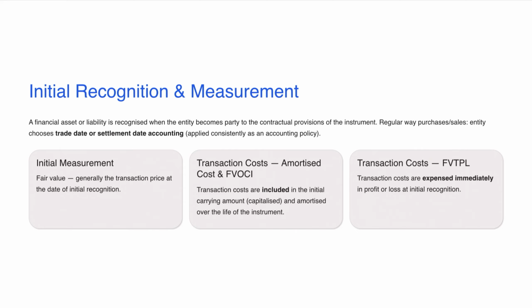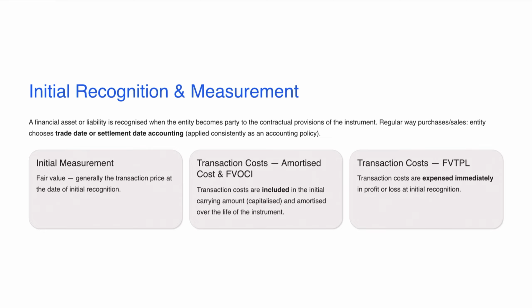Then we consider transaction costs. For instruments measured at amortized cost or FVOCI, directly attributable transaction costs are generally included in the initial carrying amount. They are not immediately expensed. But for an instrument measured at FVTPL, transaction costs are expensed immediately in profit or loss.